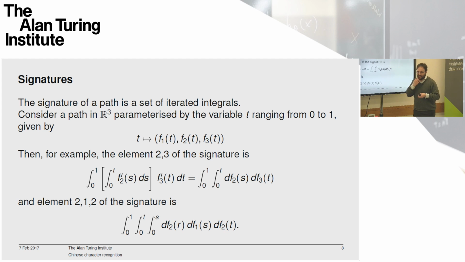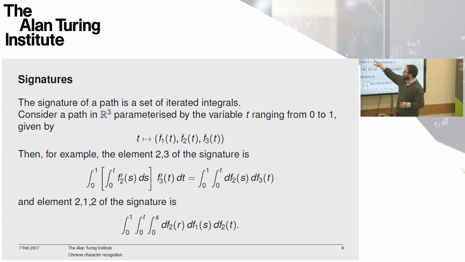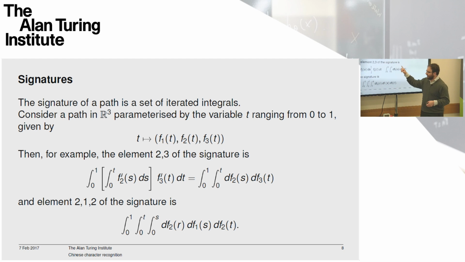Each element of the signature is indexed by a sequence of numbers from 1, 2, and 3. So for example, element 2, 3 of the signature, there are 2 numbers here, so it's going to be 2 integrals. And what are they going to be? They're going to be integrals of the derivatives of the functions I've been given with respect to t, iterated against each other. So I might write something like this, by which I'm sort of using the Chen notation, but you can just think of it as this.